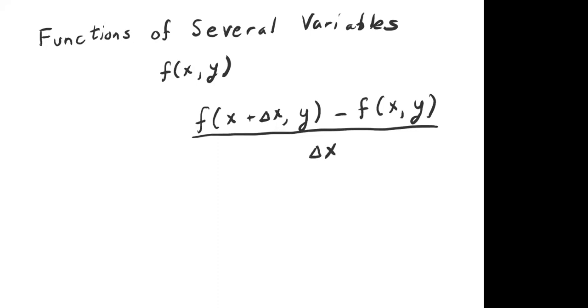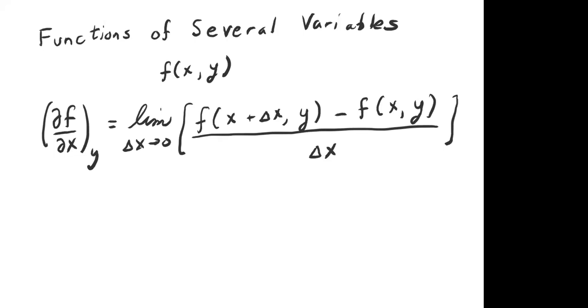In fact, if you took in your numerator the function at x plus delta x comma y and subtracted from it the value of the function at x, y, and you divided by delta x, and then you took the limit of this Newton quotient as delta x goes to 0, you would not get a total derivative, you'd get a partial derivative. And that's what this notation tells you. This is a partial derivative.